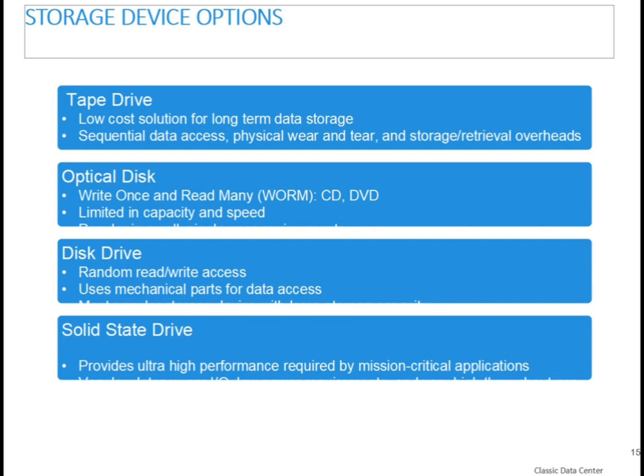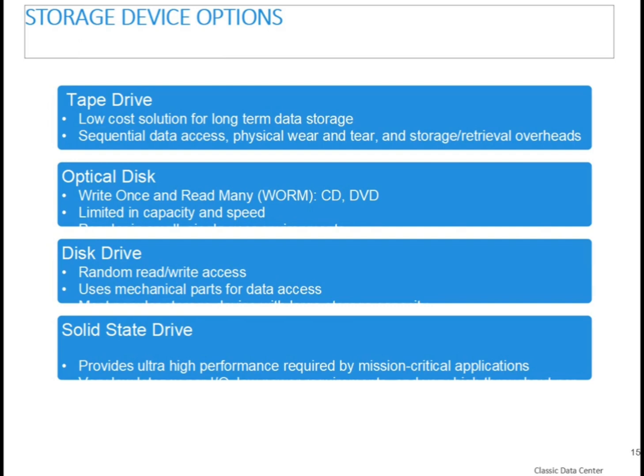Disk drives are the most popular storage medium for storing and accessing data for performance-intensive online applications. A disk drive uses a rapidly moving arm to read and write data across a flat platter coated with magnetic particles. Data is transferred from a magnetic platter through the read-write head to the computer.